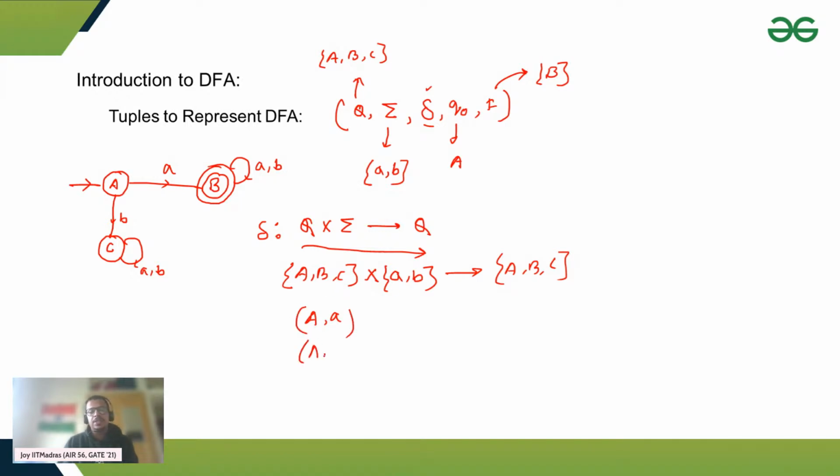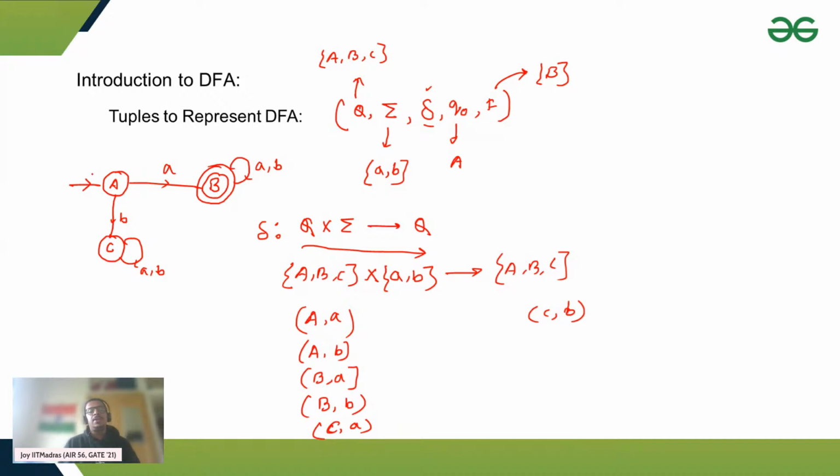We are in state A, we get the input small b. We are in state B, we get a. We are in B, we get input small b. We are in state C, we get input small a. And we are in state C, we get input small b. These are the 6 possible cases if we do the cross product here.